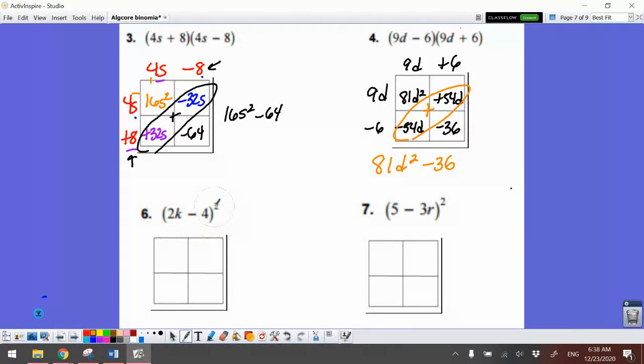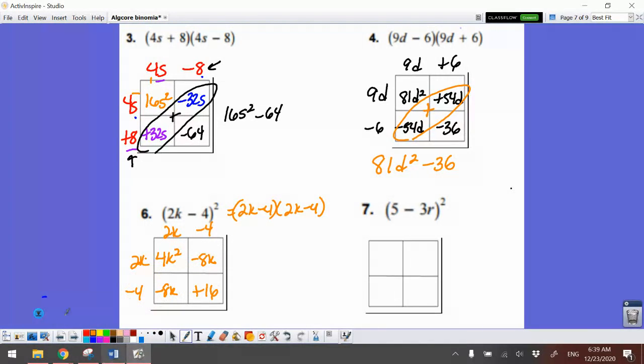All right, so what does this mean? If I have 2k minus 4 to the power of 2, well, I need to remember that that means I have 2 of those. So that's actually 2k minus 4 twice. So 2k minus 4, 2k minus 4, so that would be a 4k squared. 2 times negative 4 is a negative 8. 2 times negative 4, again, is a negative 8, and negative negative is going to be a positive.